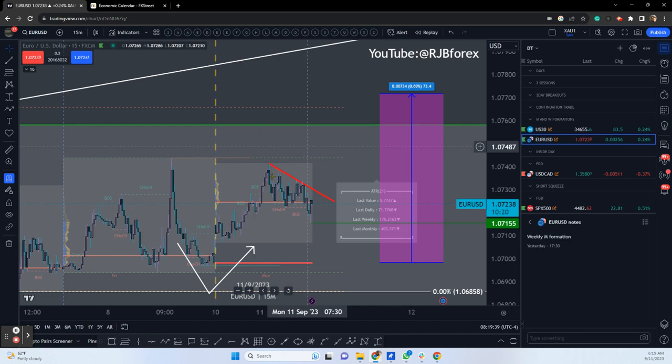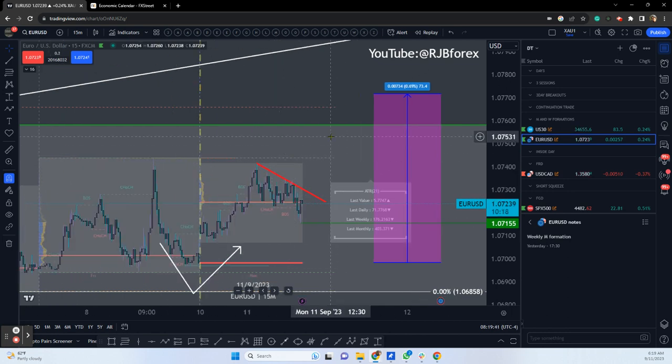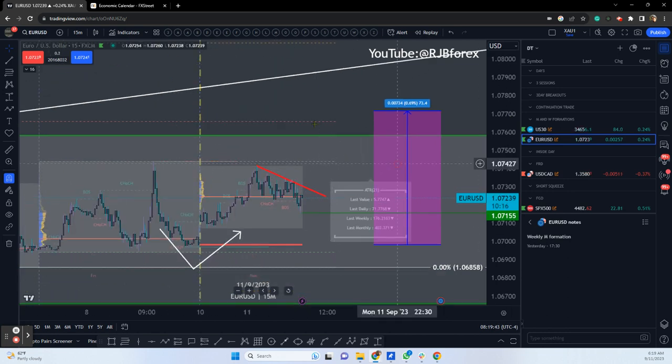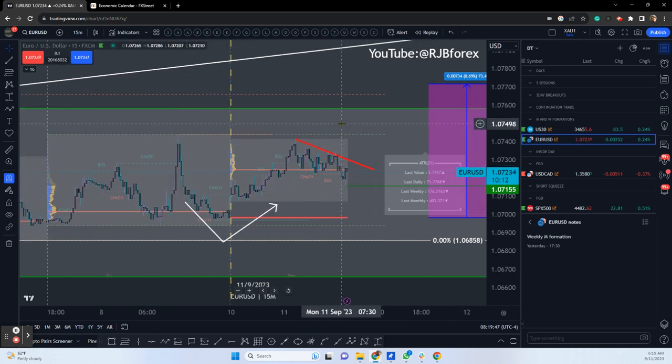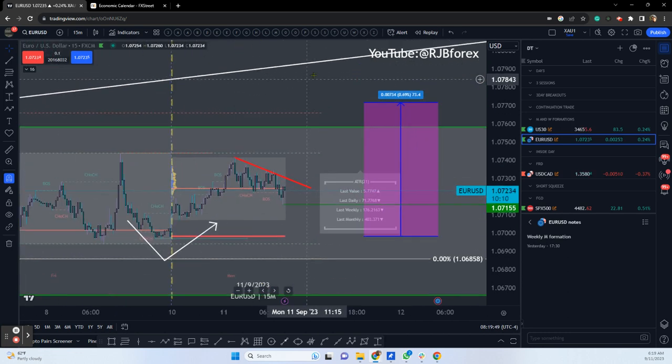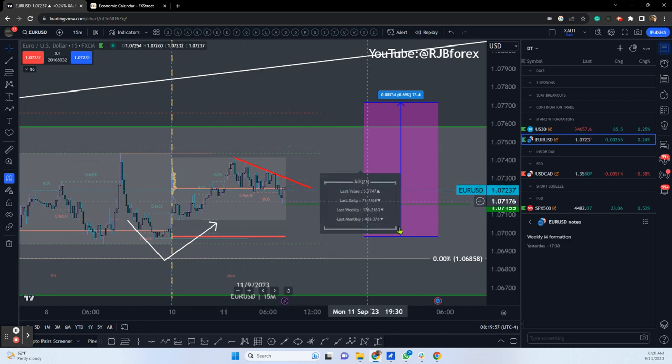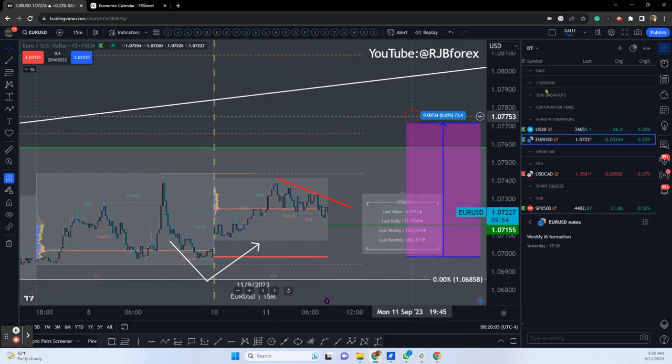I'd be looking for a better trade setup elsewhere, to be fair, because I want to be buying low. So unless we get a sell-off and a break of structure, a break of resistance, so that I'm buying low, I'm not going to be looking at this one at the moment.